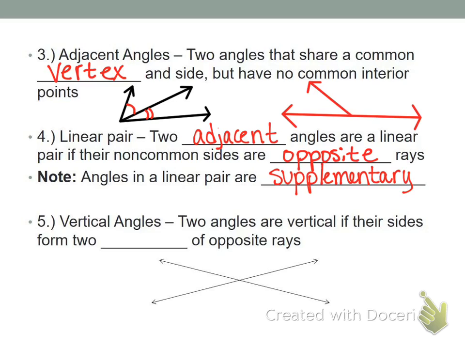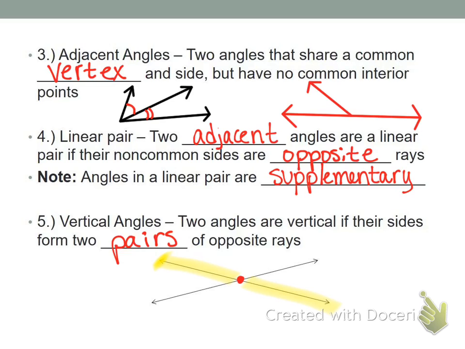Two angles are vertical if their sides form two pairs of opposite rays. An easy way to think about it is just they form an X. Okay, so if here's their intersection point, we have opposite rays in yellow, that's one pair of opposite rays.